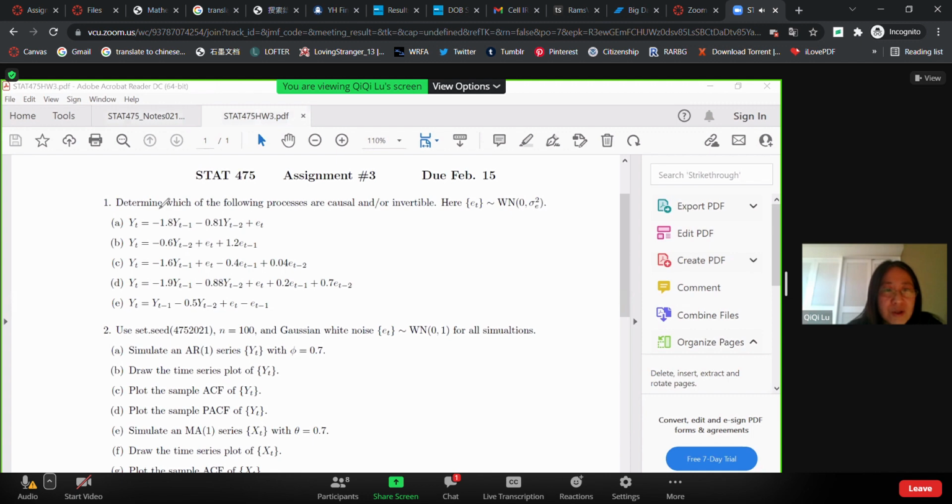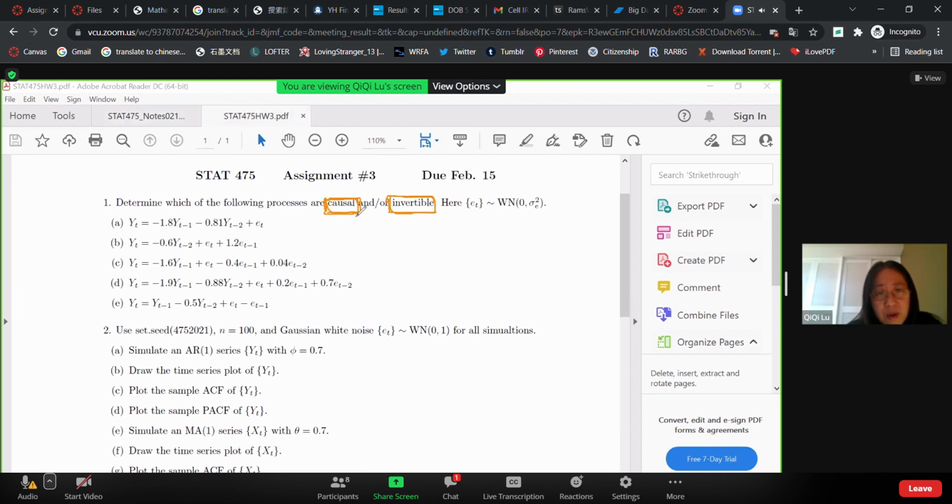So this question asks you to determine which one, causal or invertible, right? These two concepts are important. When you do forecasting or fit a model, you have to understand those two terms.